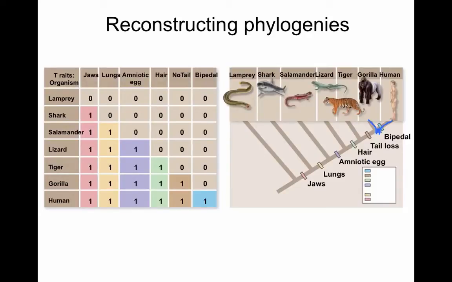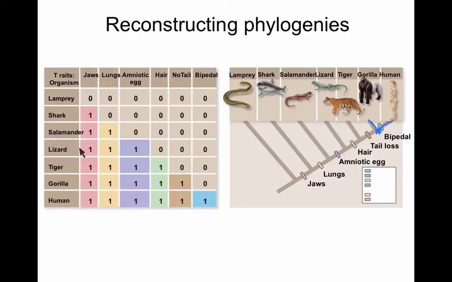The next step, we look at the next organism in line, which one shares the most traits with those two. Tigers will be the next in line, as they share the maximum number of traits with gorillas and humans. So we'll put tigers here, they will be the next in the phylogeny.